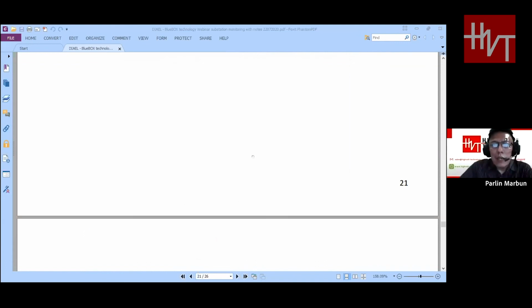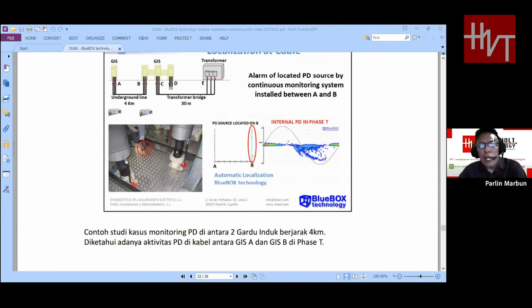Kemudian contoh studi kasus yang lain adalah monitoring PD di antara dua gardu induk yang berjarak 4 km.